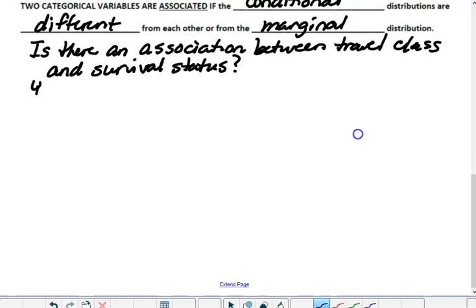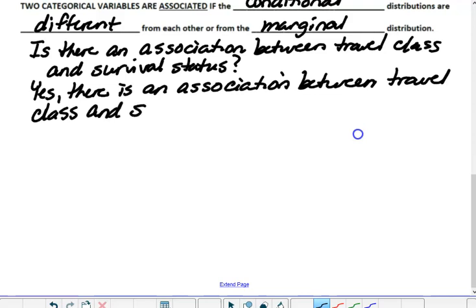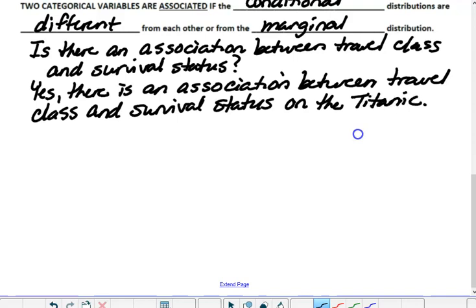So I'm going to say yes. There is an association between travel class and survival status. I'm going to put on the Titanic because that's really what we're talking about here. So what's the overall answer?